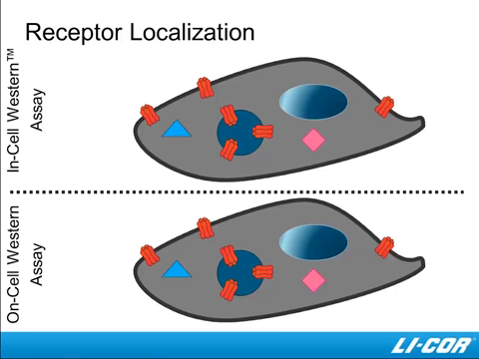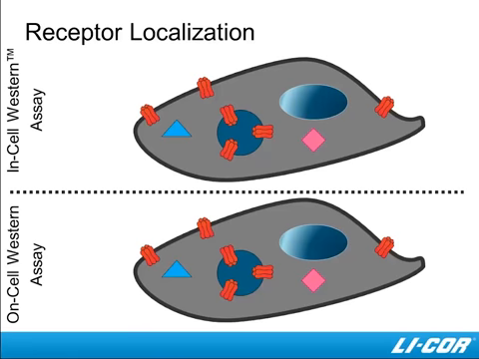Now with the In-Cell Western Assay, at this point you would permeabilize the cells. The On-Cell Western Assay is different in this sense. In the In-Cell Western Assay we permeabilize the cells. In the On-Cell Western Assay we do not permeabilize the cells. And this is the key difference between these two protocols.